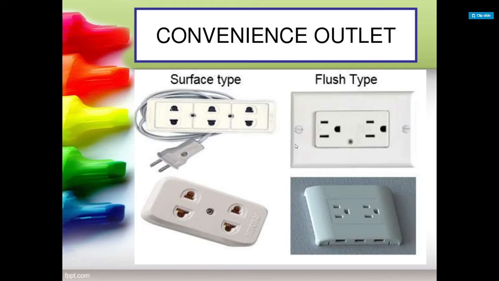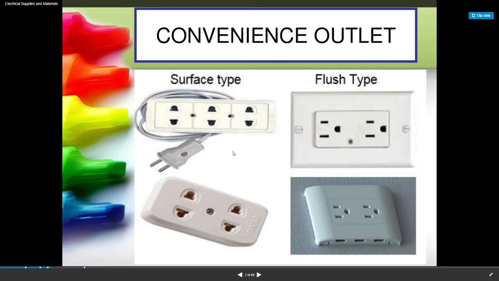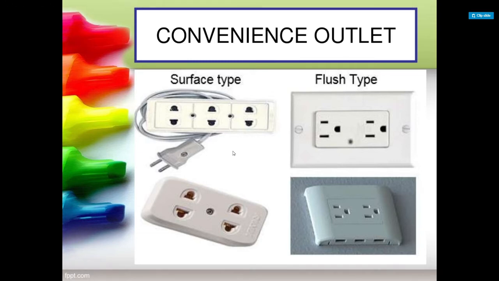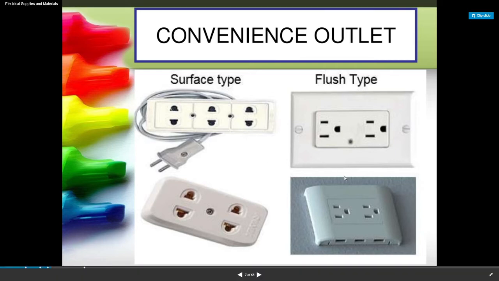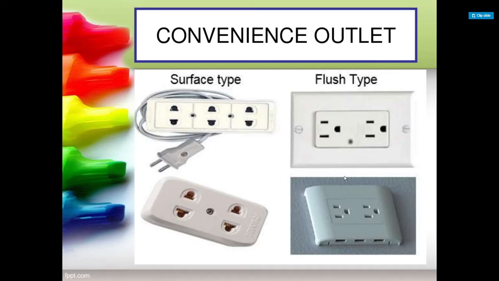A surface type is usually your extension cords, or sometimes you see it in an old type of wiring installation where they use plywood or wood as the wall, wherein they do not make a hole in the plywood or the wall. The flush type is usually used with concrete walls. You can check your convenience outlet at home to see if it is flush type or surface type.